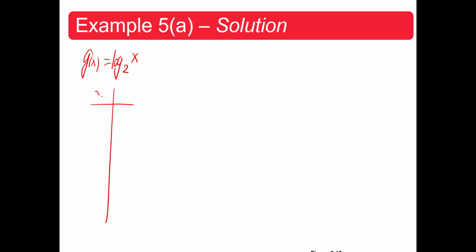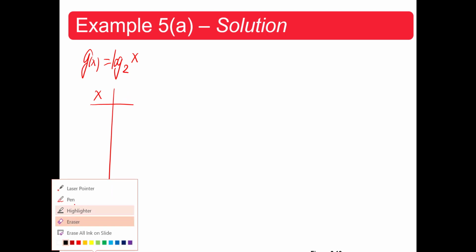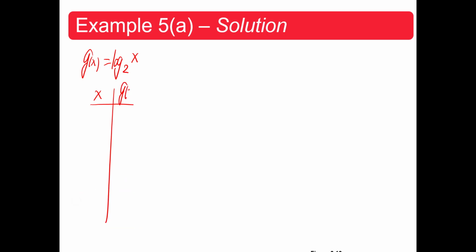Now, similarly, we can come up with five ordered pairs. I'm going to show you how we pick the x values. For the first x value, we pick 2 to the -2 power, and we know that's a quarter.